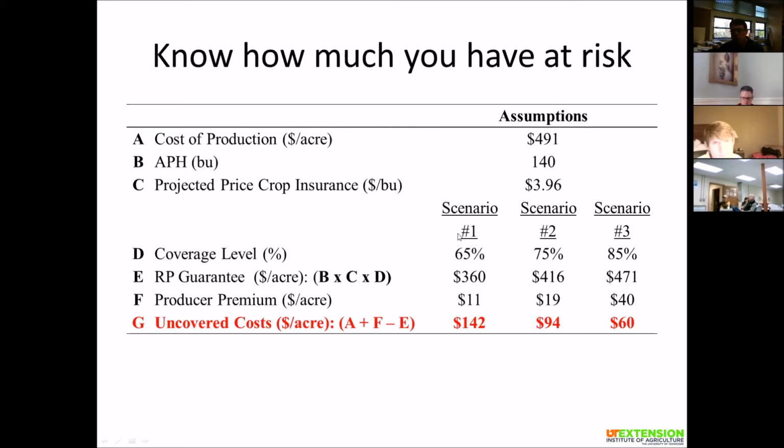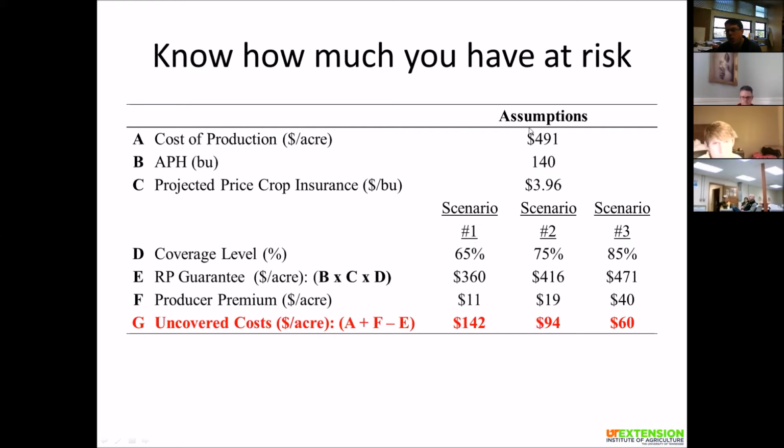Now with those different buy-up coverage levels, you're looking at different producer premiums. As you increase the percentage of buy-up, you're going to increase your premium cost. What we want to get to is this G, the uncovered costs in dollars per acre.